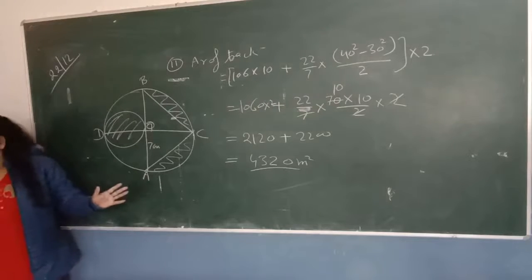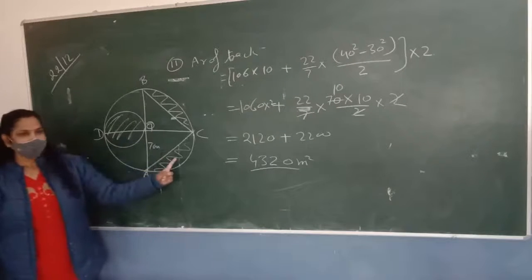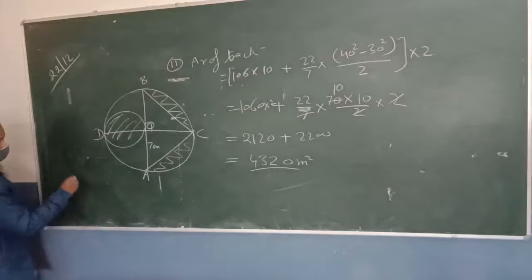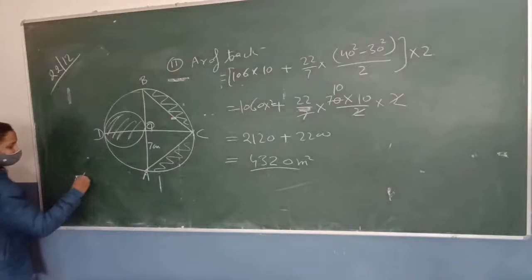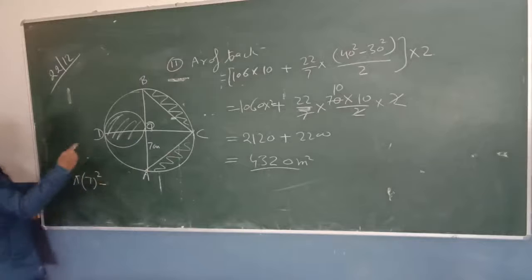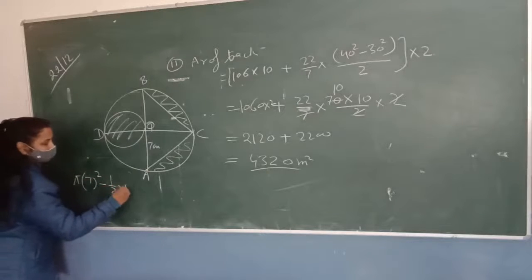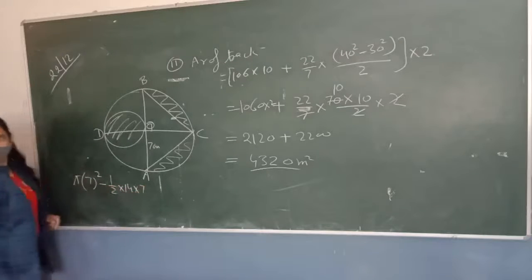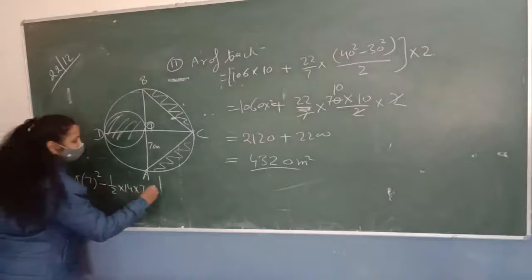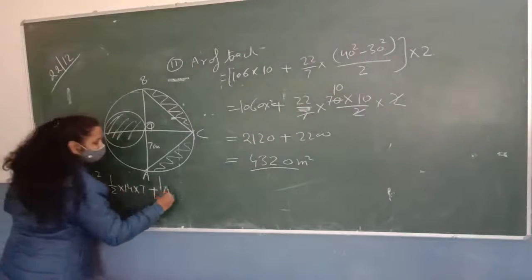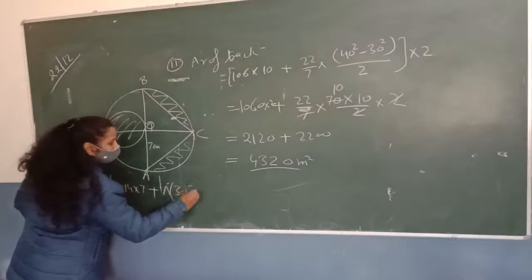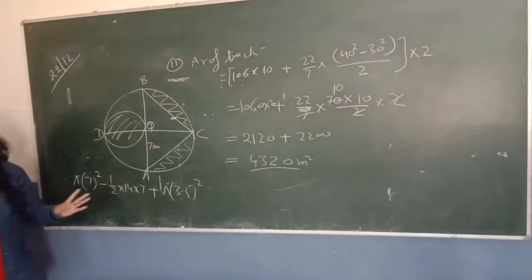So is it clear? We can find area of the shaded portion. How can we find it? By area of semicircle, it is pi r square minus area of triangle, it is 1/2 into base into height. And then add this one to the area of the circle, that is pi into r square. Now can you do yourself?